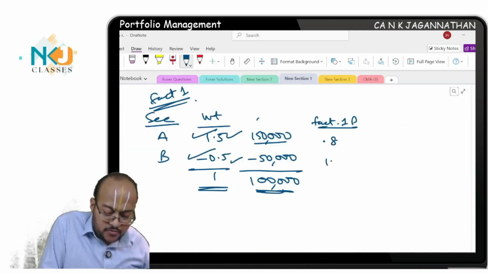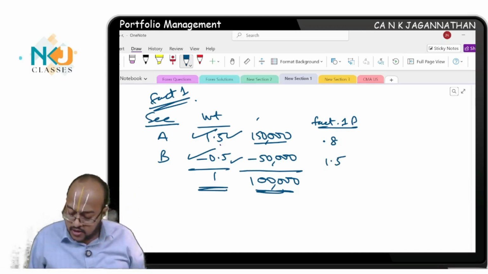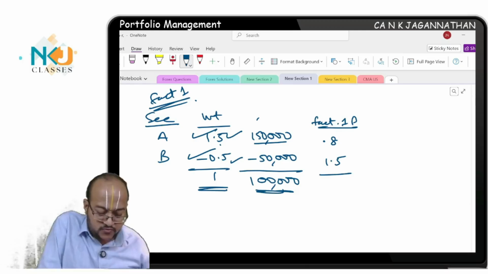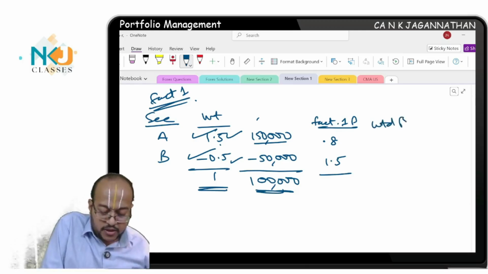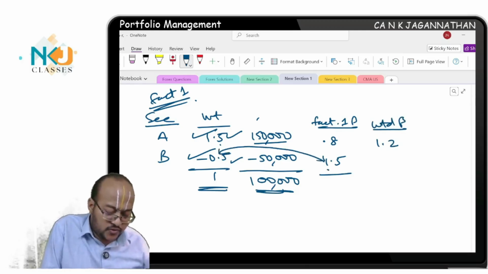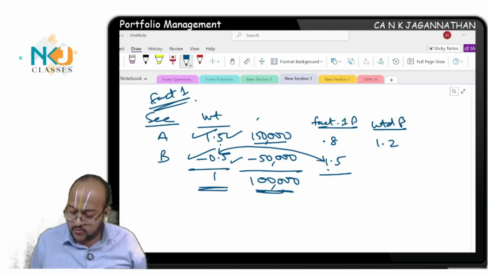You tell me 1.5 into 0.8. Take out your calculator. 1.5 into 0.8, how much is that? 1.2. Okay, minus 0.5. This is one weighted beta. How much is that? 1.2. 1.5 into, what is the weight? Minus 0.5. 1.5 into minus 0.5. How much is that?